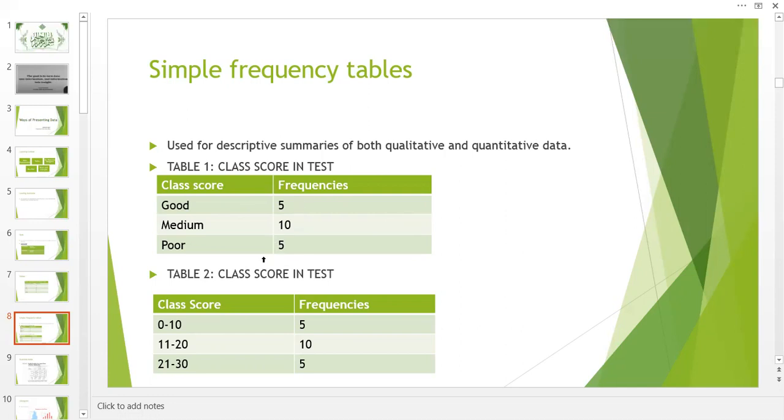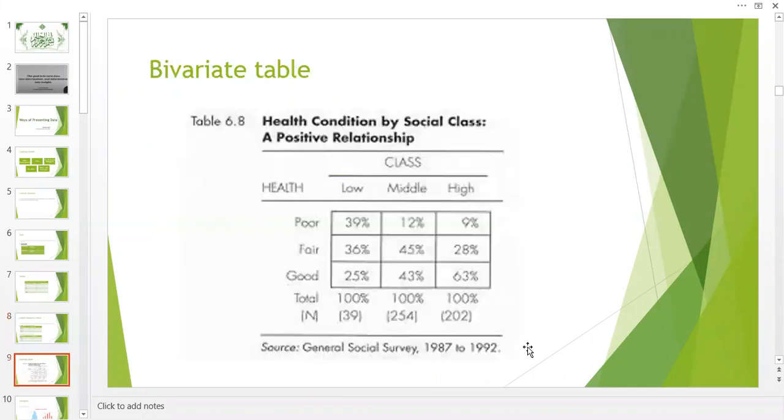And when we have quantitative data, where we have numerical data, we can also draw a table. Now, if more than one variable is being classified into tables, it is known as a bivariate table or two-way table.